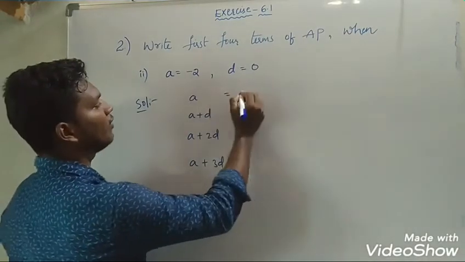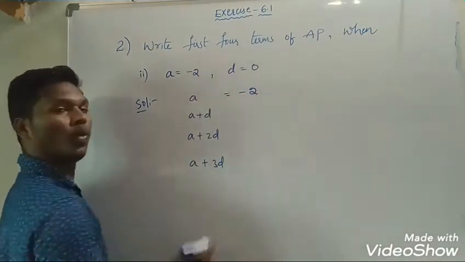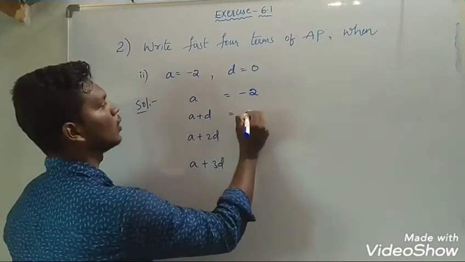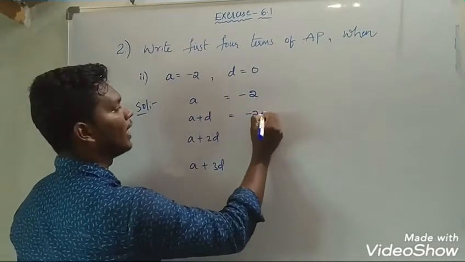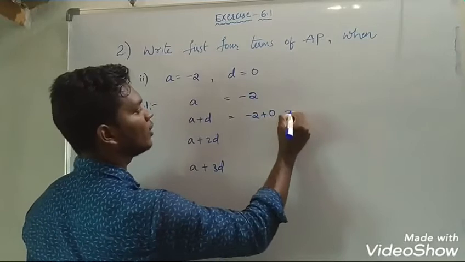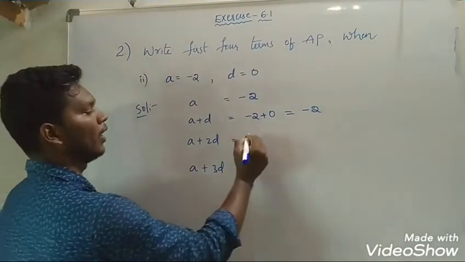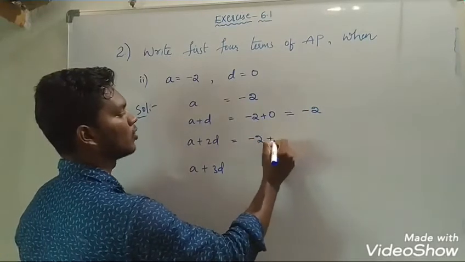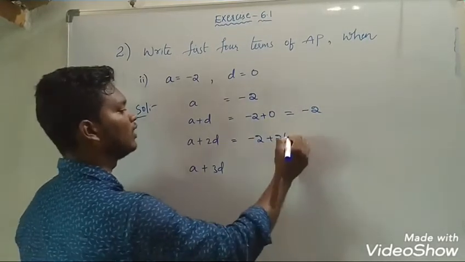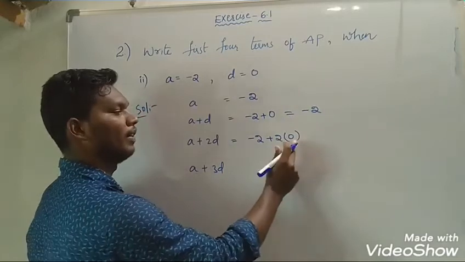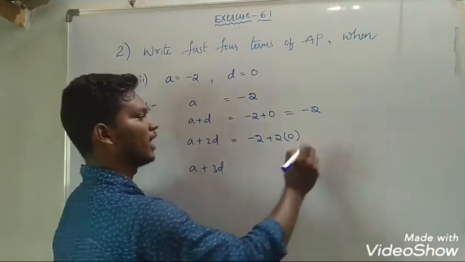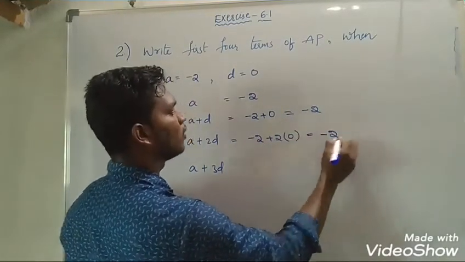What is the value of A? Minus 2. What is the value of A plus D? A is minus 2 and D is 0, so minus 2 plus 0 is minus 2, right? For A plus 2D, the A value is minus 2 plus 2 into the D value 0. 2 into 0 will be 0, so 0 plus minus 2 will again be minus 2.